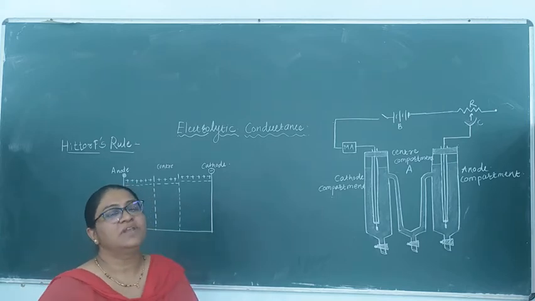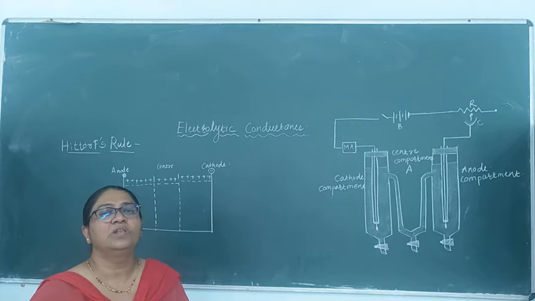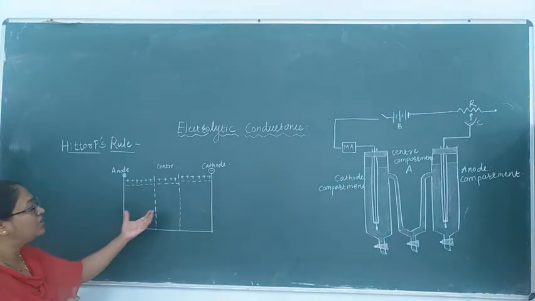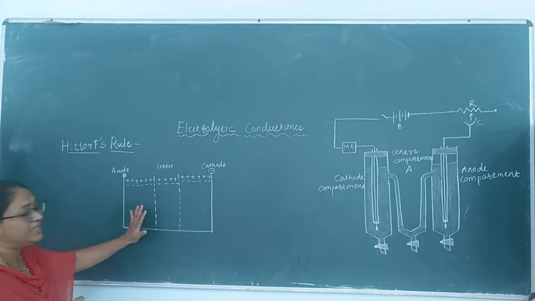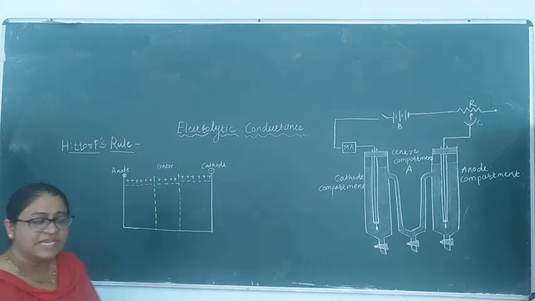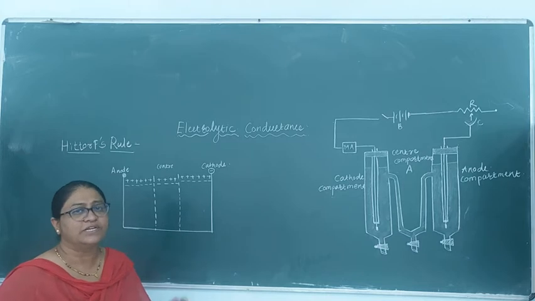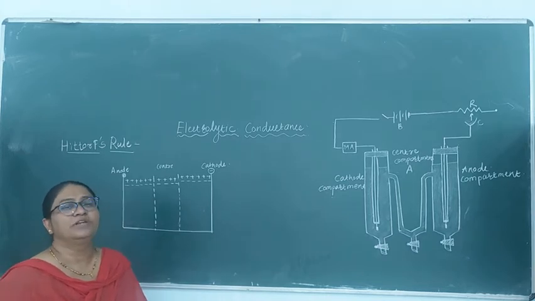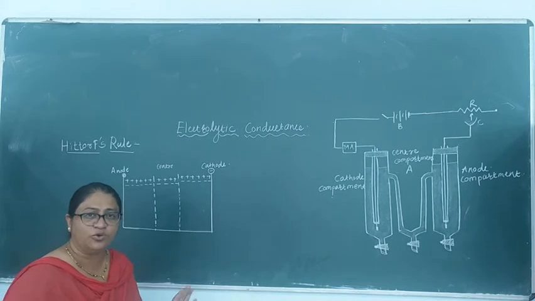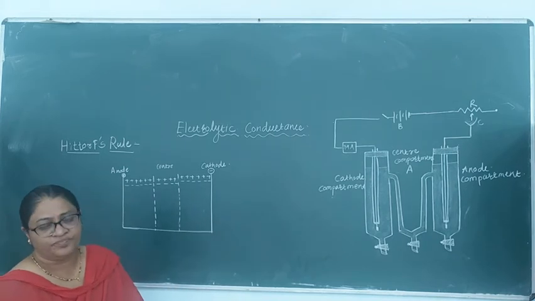To express this, he considered an arrangement somewhat like this. This is an electrolytic cell, a cell which consists of an electrolytic solution in which the electrodes are dipped. One of them is the anode while the other is the cathode.